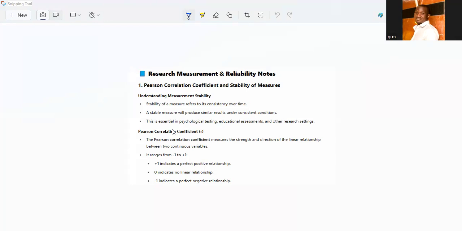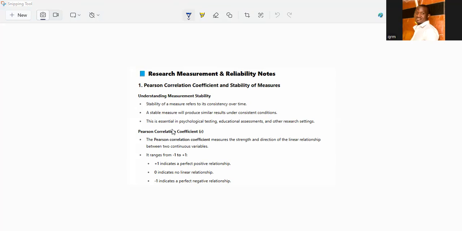Under SPSS, we have a functionality which we call coefficient of correlation. When you're measuring stability, we are referring to the degree to which the test instrument is consistently yielding the same results under different points or conditions.